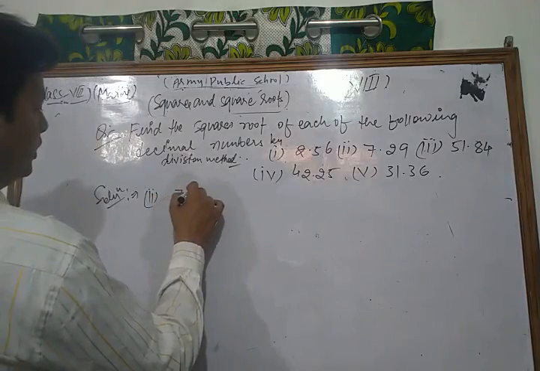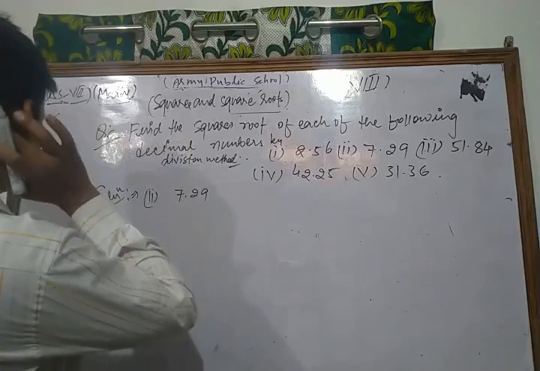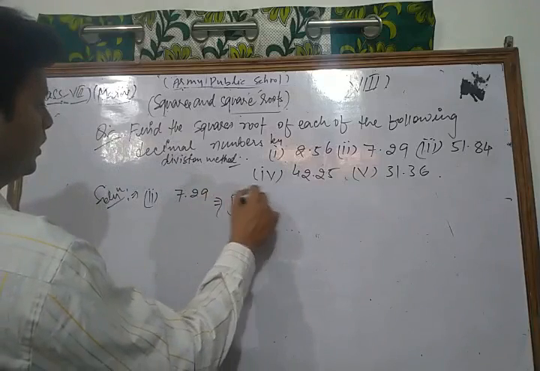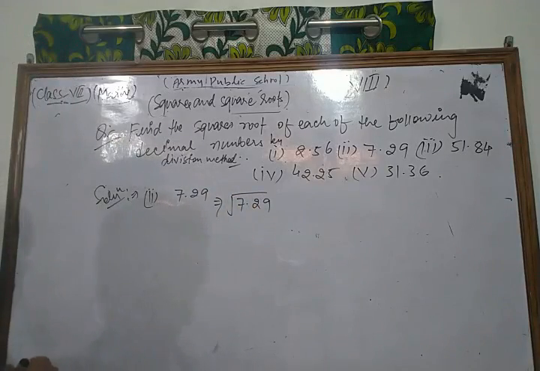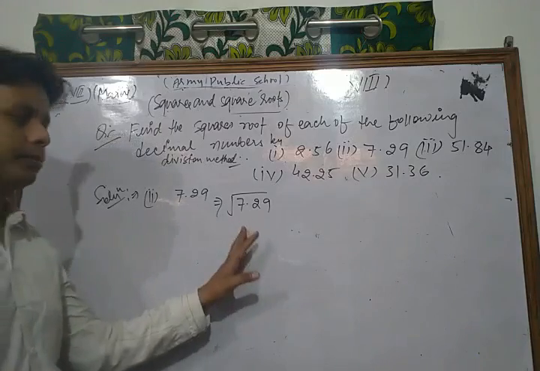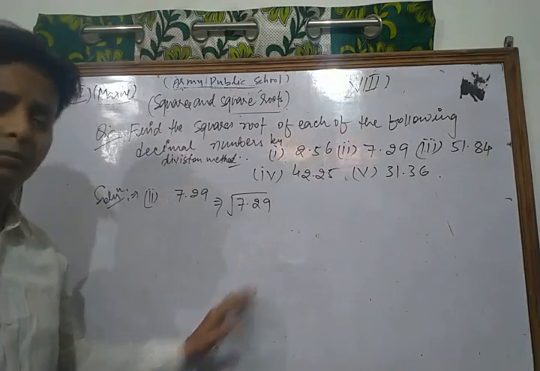This is 7.29, and we find the square root of 7.29. Dear students, here we also apply the same process.